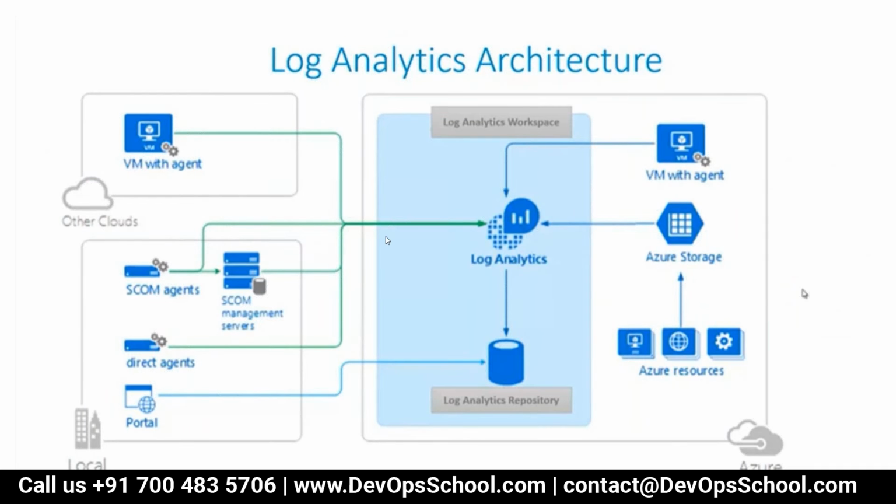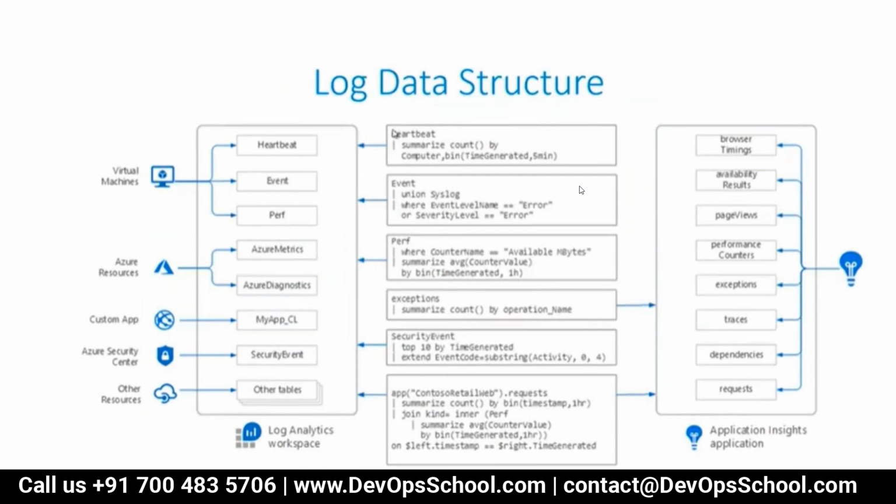So this is a kind of different agents, portal, and all different servers are there, and through that this goes overall. In general, what is important here is we have different kinds of logs, for example event logs, as you mentioned, performance logs. For different types of resources, there are different kinds of logs that come out of it, like security events, tables, and different things.